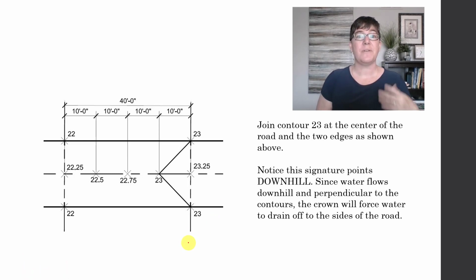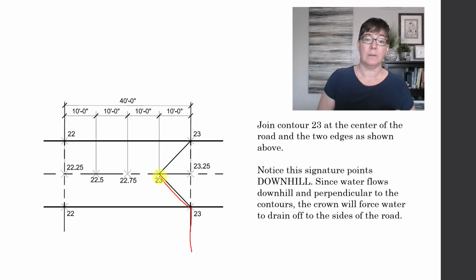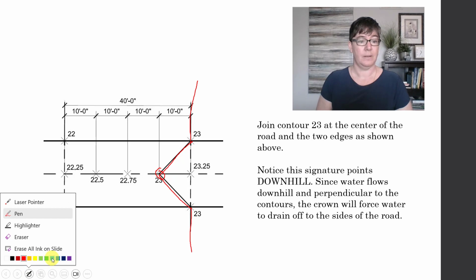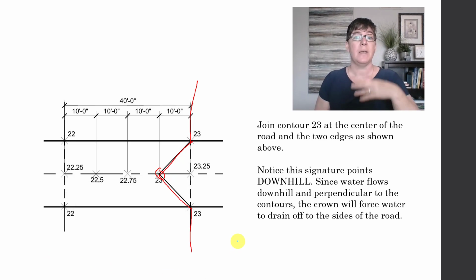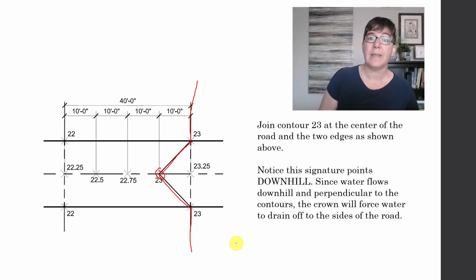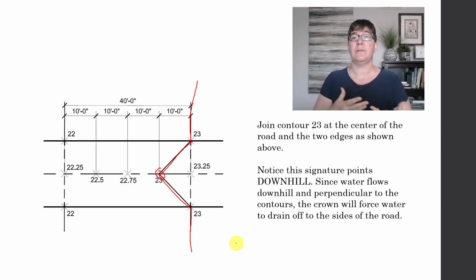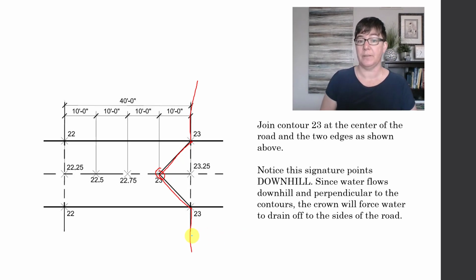Now that we've got our points, it's time to connect the dots. So your 23 contour line is going to come up this way, and it will connect with that point that you just found, and it will come this way and meet the grade and go in that direction. Let me switch colors here and talk about this signature pointing downhill, and that's because the water is going to flow downhill and perpendicular to the contours.